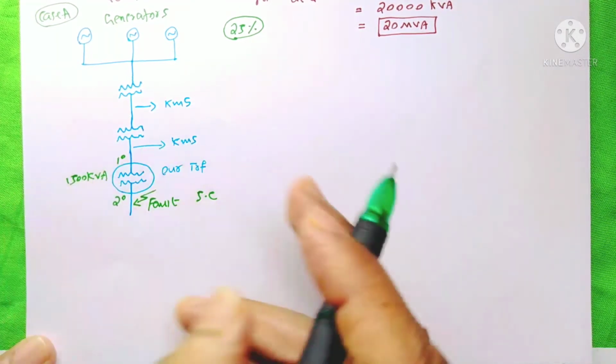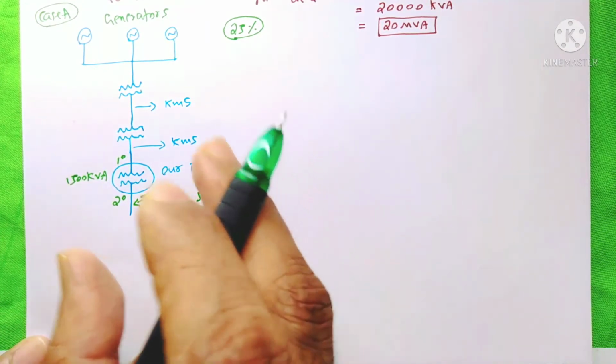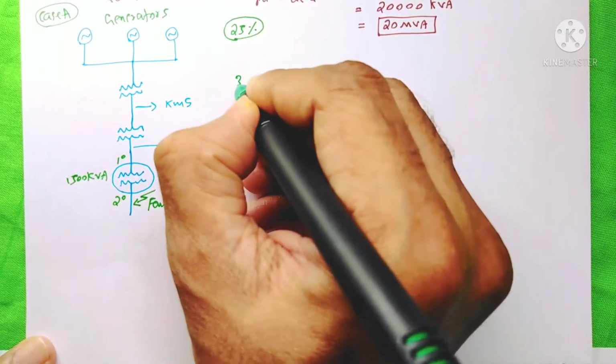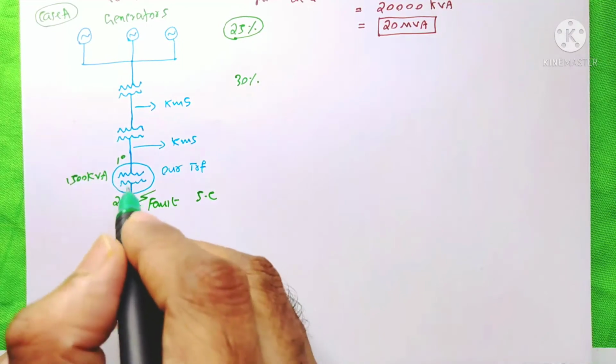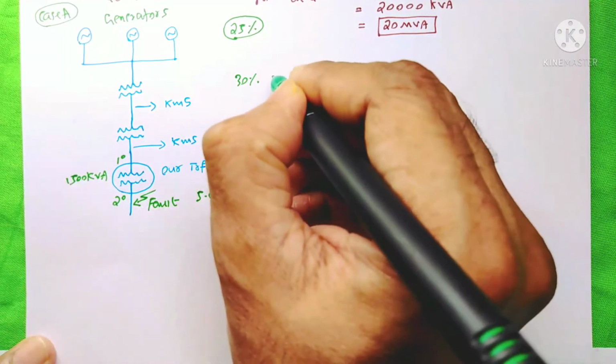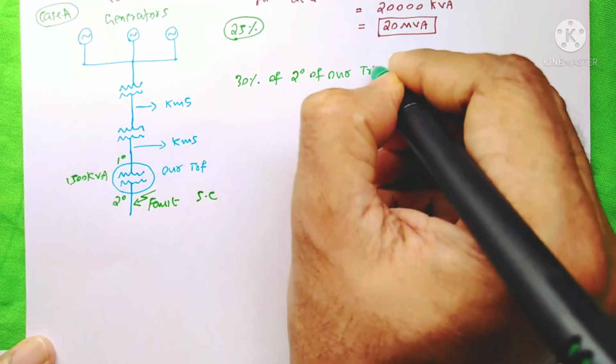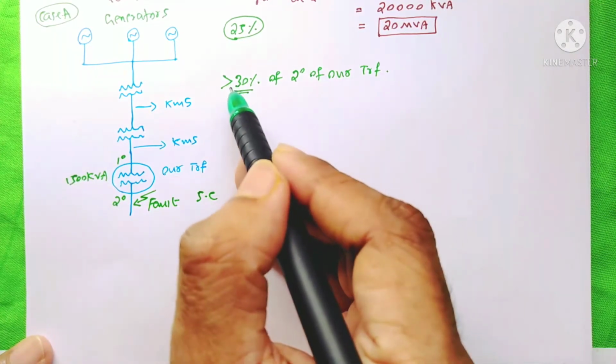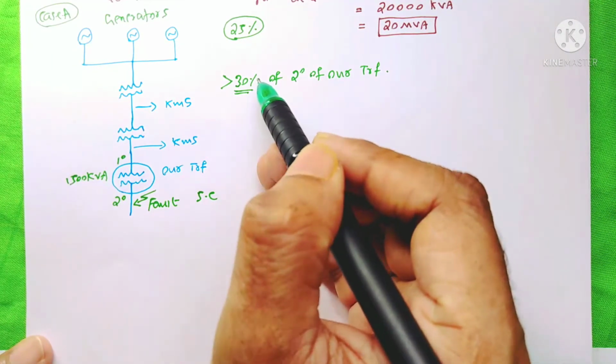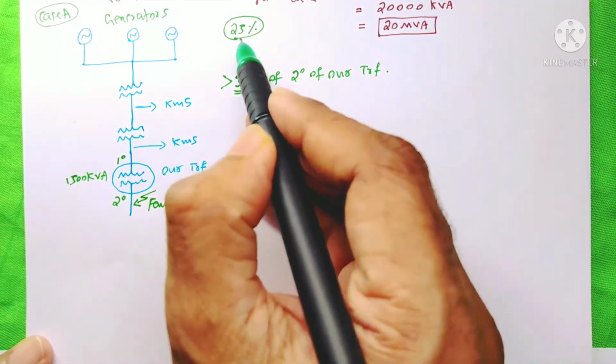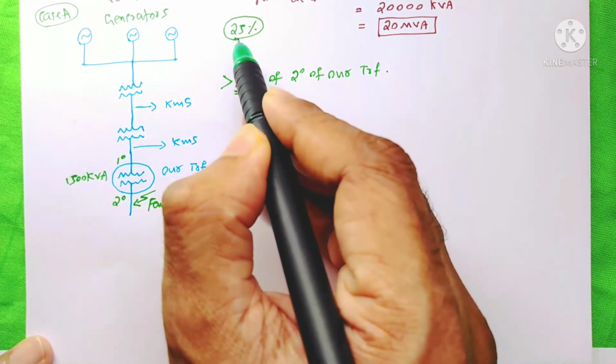So in any case it will be more than 30% of the percentage impedance at the secondary of our transformer. Even though it is more than 30%, for our calculation we take only 25%.